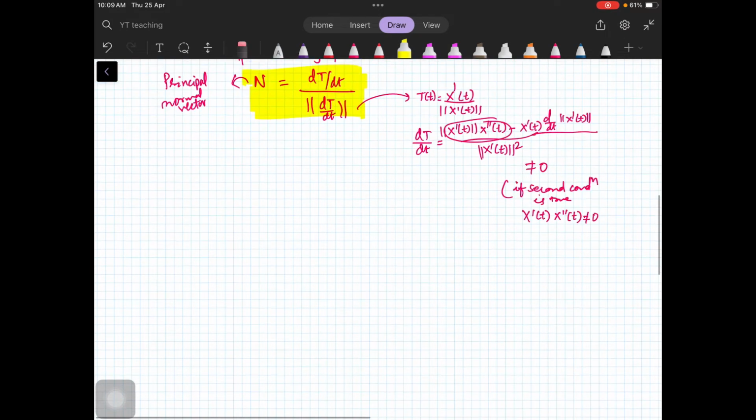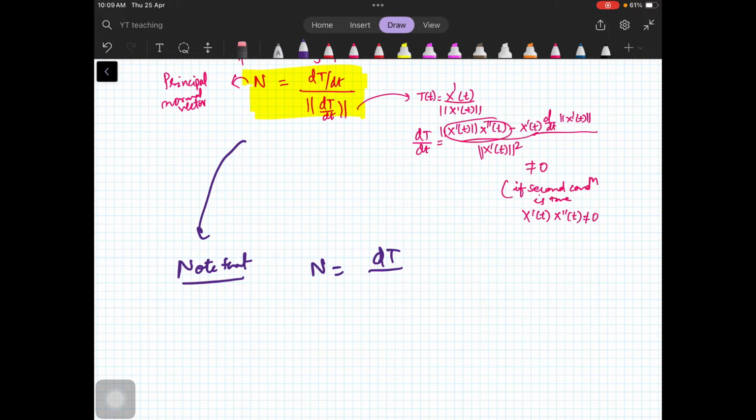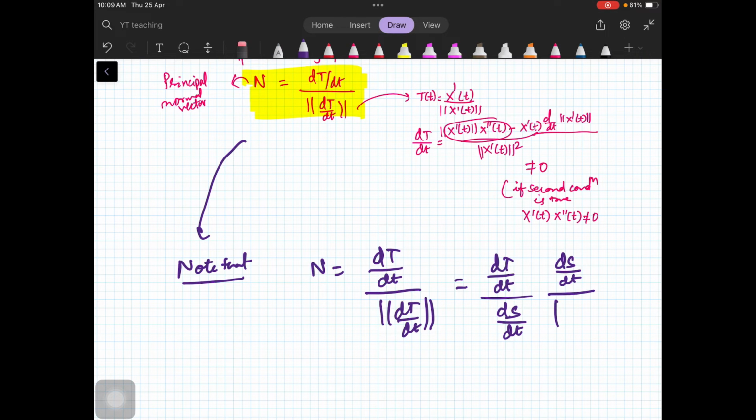And we also have a little result here. Note that I just told you that N is equal to dT/dt divided by the modulus of dT/dt. Now, if I write it like this, dT/dt divided by ds/dt, and then multiply by ds/dt and this modulus of dT/dt.